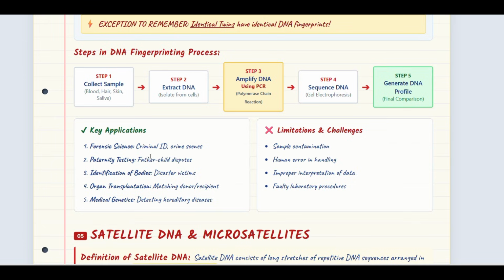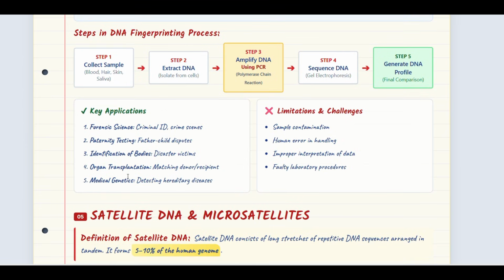Its application is in forensic science. It helps in identifying criminals. If any crime happens, at crime scenes, it helps to identify who the criminal is. Paternity testing also, in father-child disputes, and identification of bodies in disasters like bomb blasts. During a bomb blast, body pieces spread to many places, and from those pieces we can know which body belongs to whom. It is horrible to hear, right?